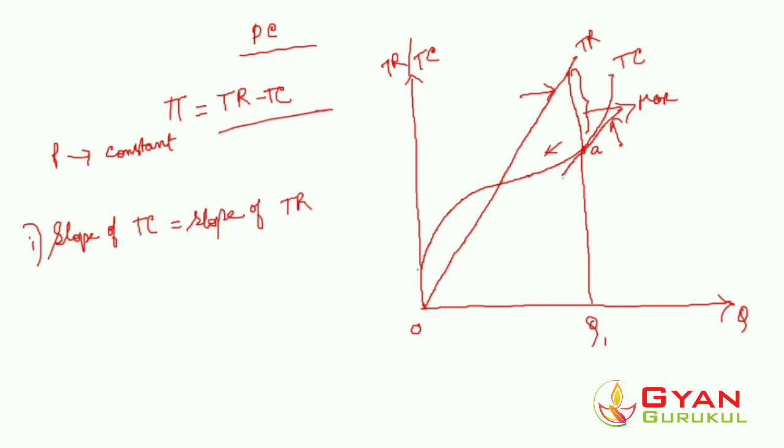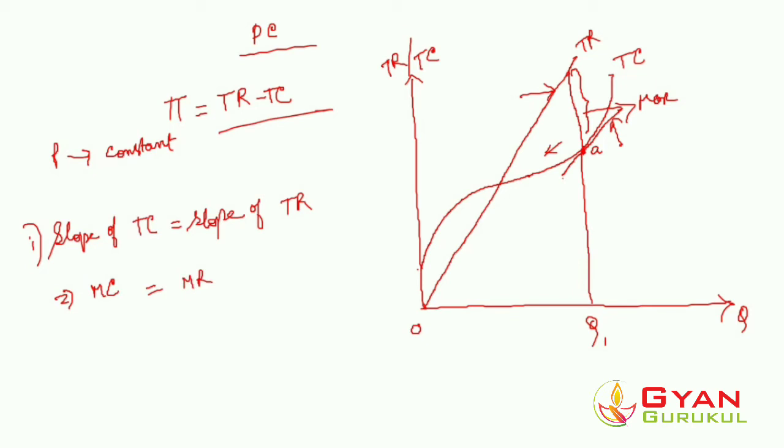This is because when we draw a straight line tangent to point A, this line is parallel to the total revenue curve, meaning that the slope of total cost is exactly equal to the slope of total revenue. Now from our previous classes, we know that the slope of total cost is nothing but the marginal cost, and similarly the slope of total revenue is nothing but the marginal revenue.